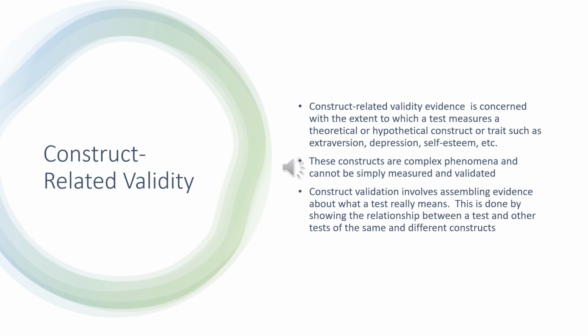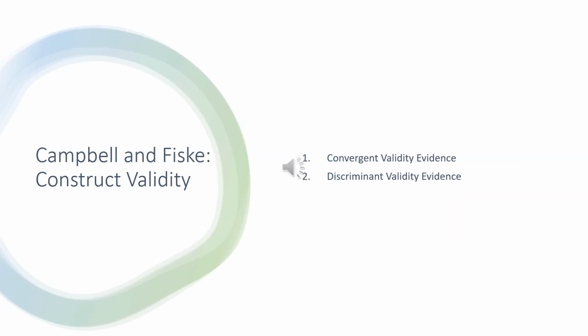So construct validation is an ongoing process. Campbell and Fiske did a lot of work in regards to construct validity evidence, and they say that to state that a test has construct validity, two types of validity evidence must be accumulated. The first is convergent, and the second is discriminant.